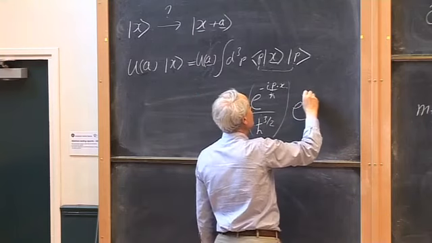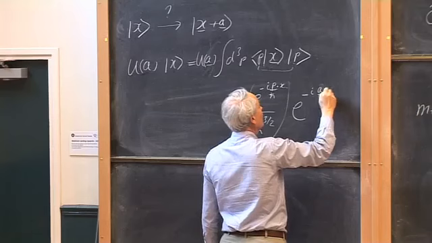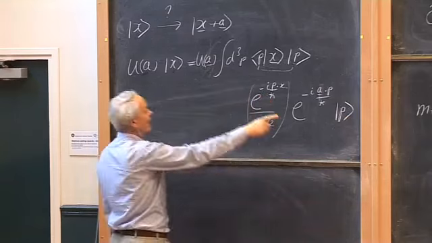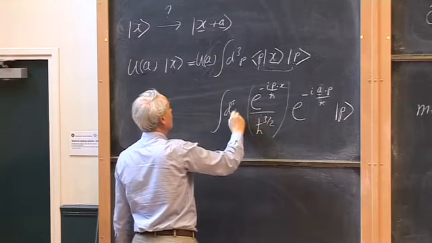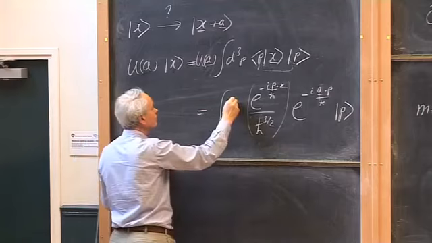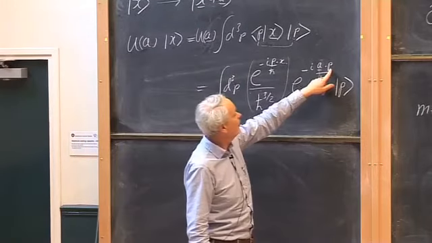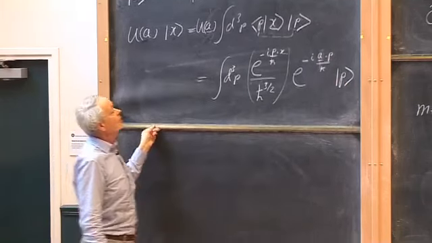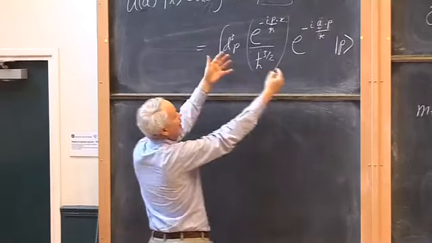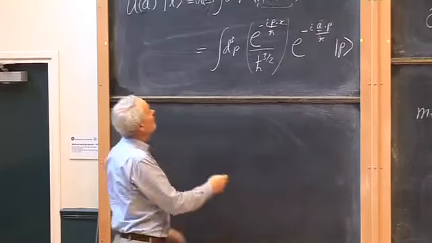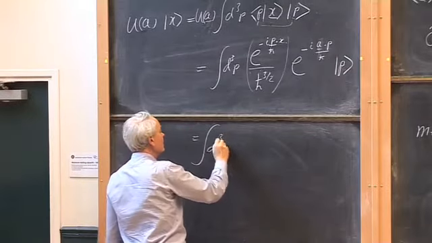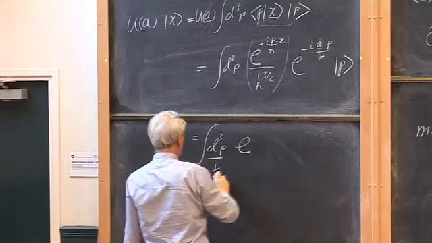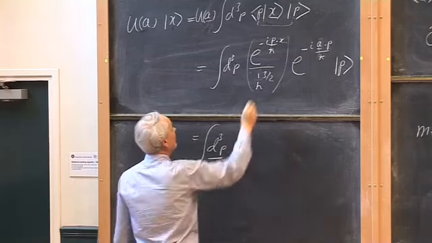So we get an e to the minus i a dot p over h bar times the eigenket left behind, and still we have to do a d cubed p integration. So this is no longer an operator because it already worked on that and produced its eigenvalue. So we can rearrange this. We can put those two exponentials, whose arguments are mere complex numbers, together, and this becomes the integral d cubed p over h to the 3/2 power. Sorry, that isn't barred, that's unbarred. H, Planck's naked constant.